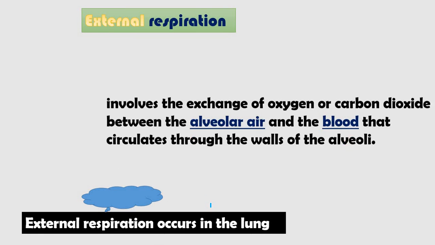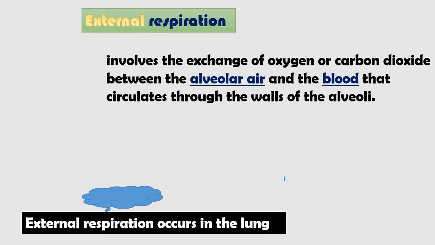External respiration involves the exchange of oxygen and carbon dioxide between the alveolar air and the blood. What is meant by alveolar air? The air inside the alveoli itself, and the blood, which circulates through the walls of the alveoli in the capillaries surrounding these alveoli.